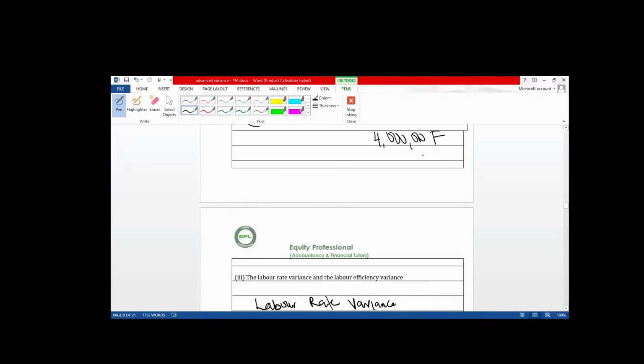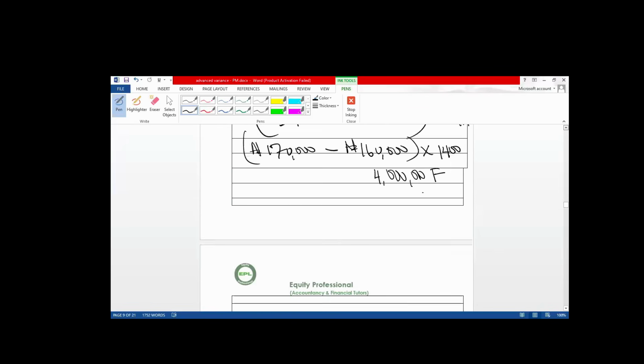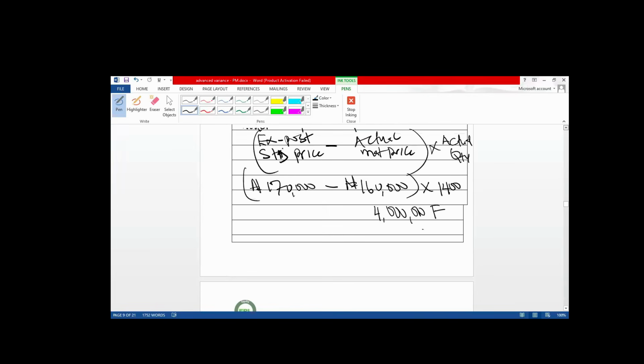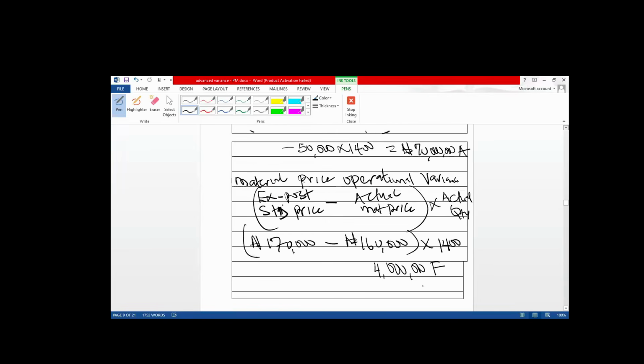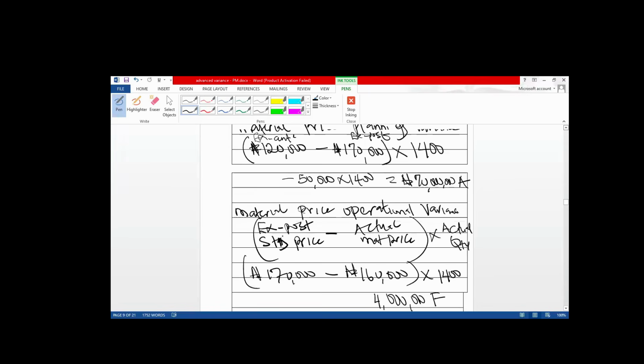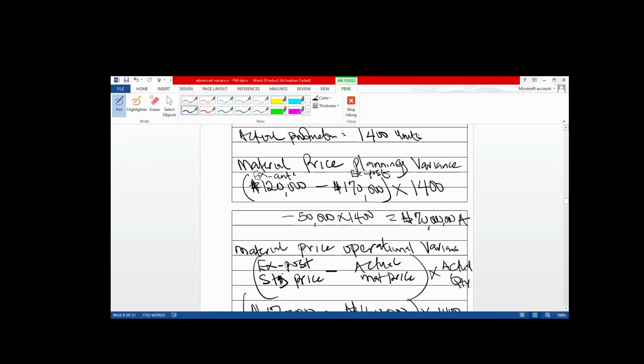So you are still likely to have questions on variance. You are likely to have questions on budgets. It's the start of the syllabus. You are likely to have it again.